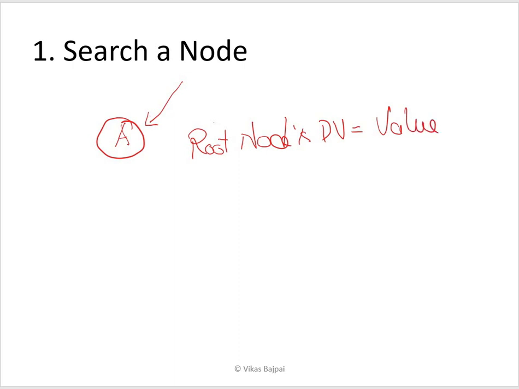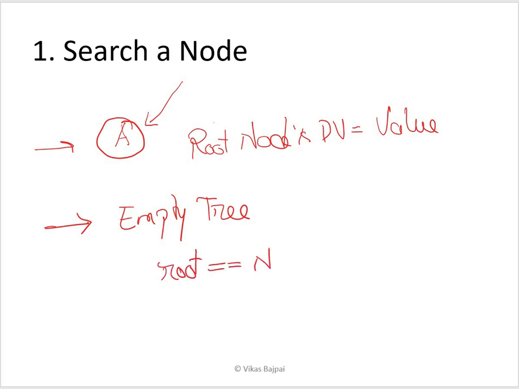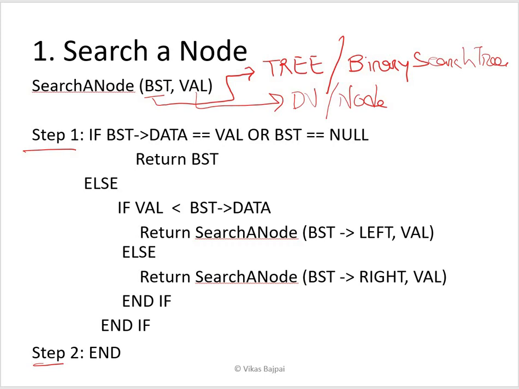So immediately I'll declare that the root node is this. I can also have another option where I see an empty tree. This is also a possibility, that the tree does not exist. In that case my root is equal to null, so I will declare that the tree is empty. That's what this particular algorithm does.